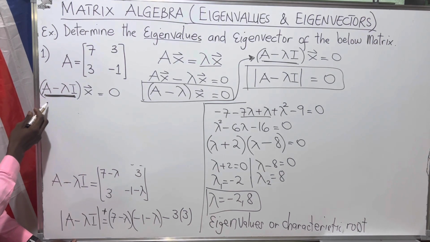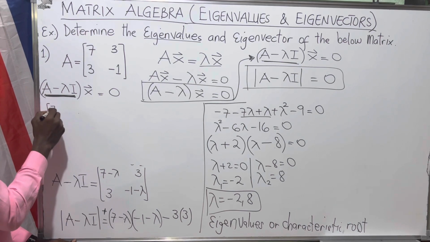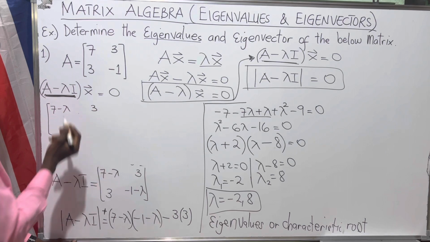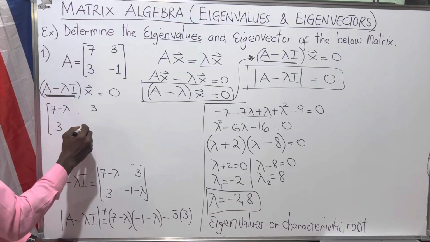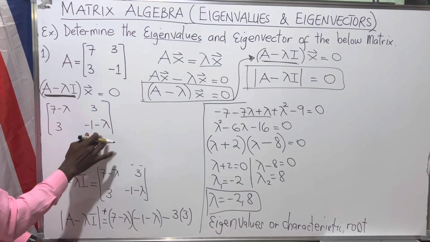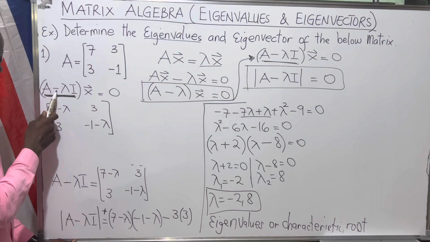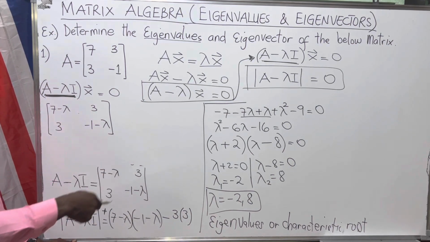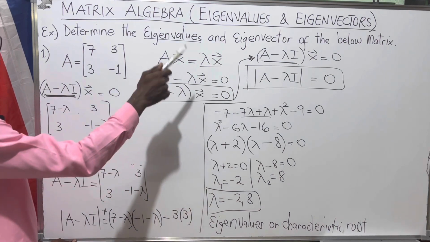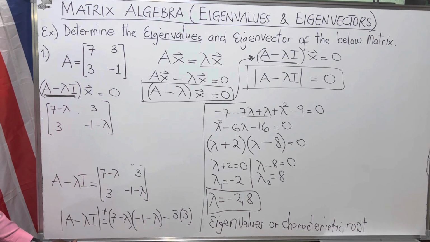What we got right here was the matrix 7 minus lambda, 3, 3, minus 1 minus lambda. The reason why we found the determinant was because we wanted to solve for the eigenvalues. That was the reason why we went as far as finding the determinant.